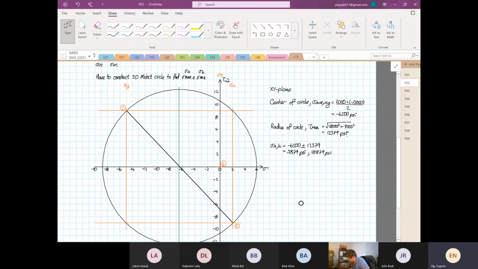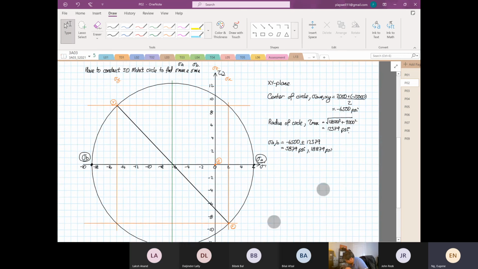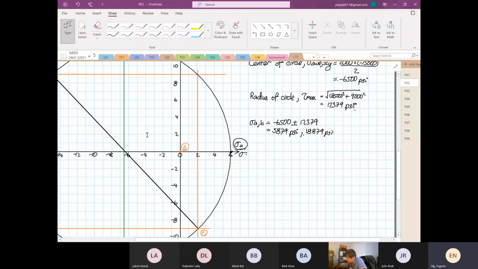So this is our Mohr circle, and we realize that the XY plane is the biggest circle. This is our stress B, and this is our stress A. So we can construct the other two smaller circles. In your exam, when you see questions like this, you have to construct the 3D Mohr circle. If you don't construct it and check, marks may be deducted or your answer will be wrong. The first one is for your XY plane, the one we have just drawn.